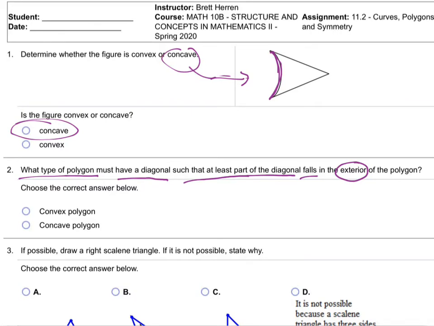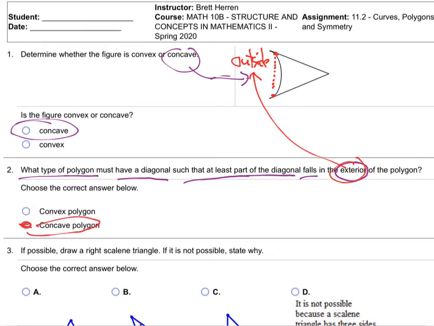The formal geometry definition for concave, I think I mentioned it briefly last time: if you can go from one point to the other straight, and you travel outside the object, exterior to the object, then you're concave.